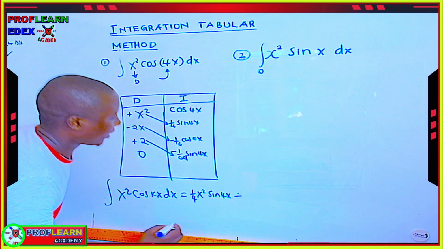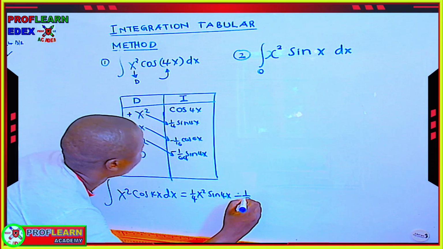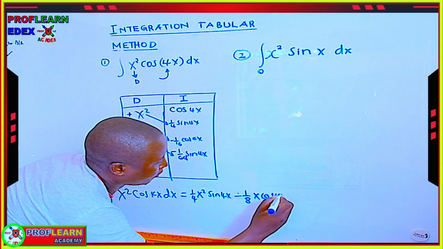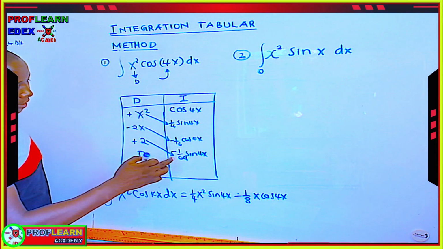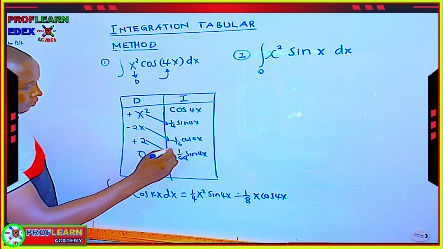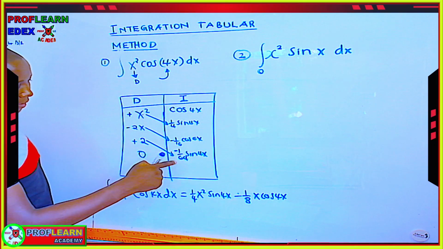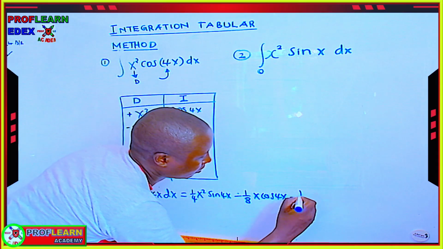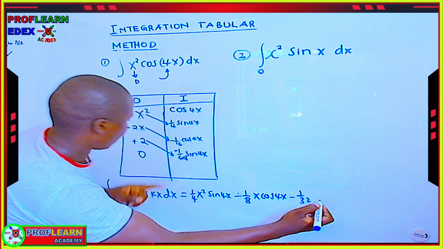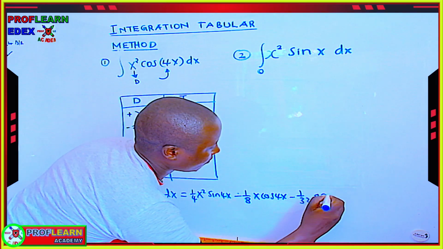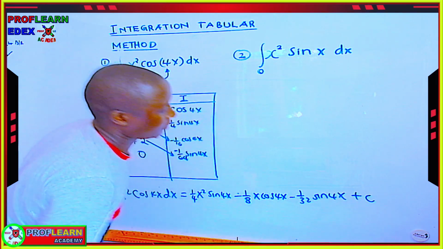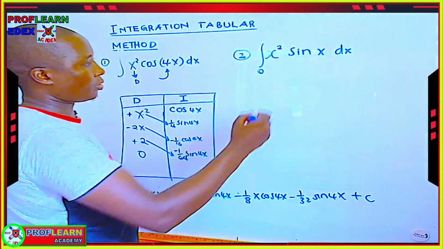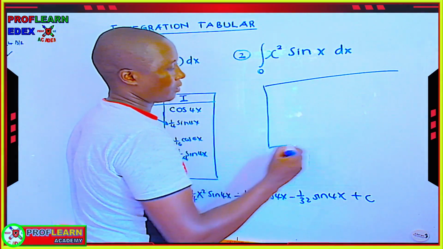So it will be 1 over 8 x cos 4x. This times this, for this is a negative here, it will be minus 1 over 32 sine 4x, and then you shall say plus c. Basically, that's how you use the tabular method. Let me also show you this one.